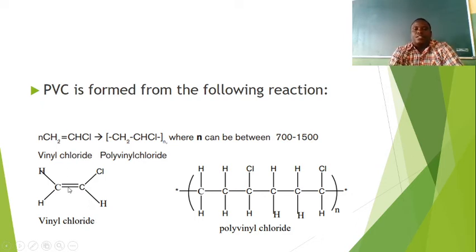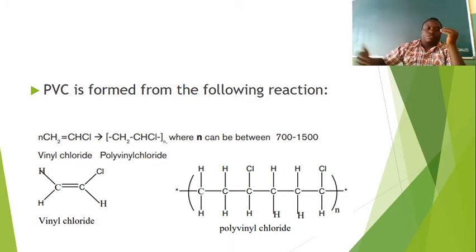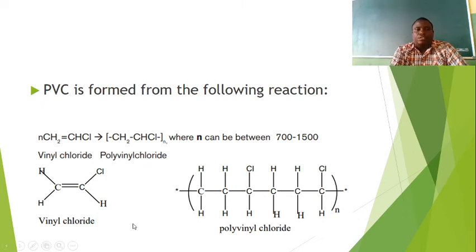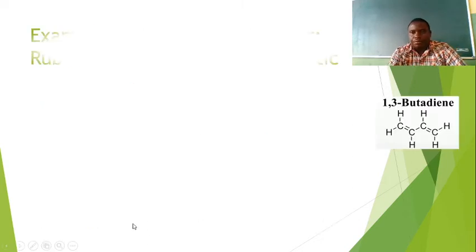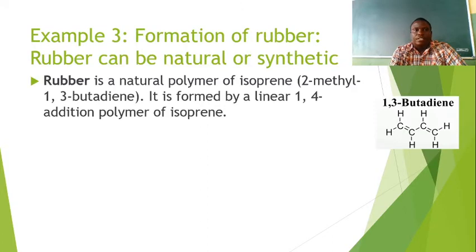When it is repeated several times, this double bond opens, and then the chain opens on both sides. I have told you, see here there is carbon 1, carbon 2, carbon 3, and then you get carbon 1, carbon 2, carbon 3. You see that polyvinyl chloride is a repetition of vinyl chloride.